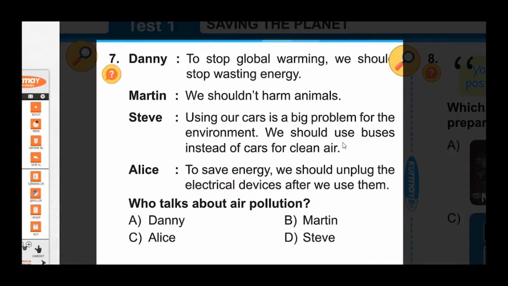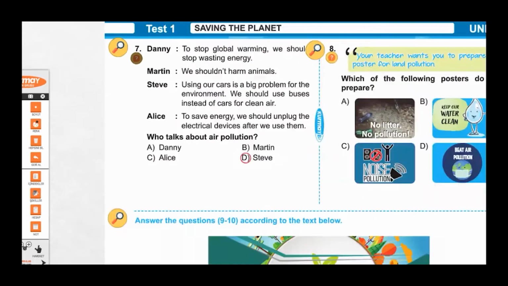We should use buses instead of cars for clean air. To save energy, we should unplug the electrical devices after we use them. Who talks about air pollution? Which one of them? The answer is Steve. D. Okay. Well done.